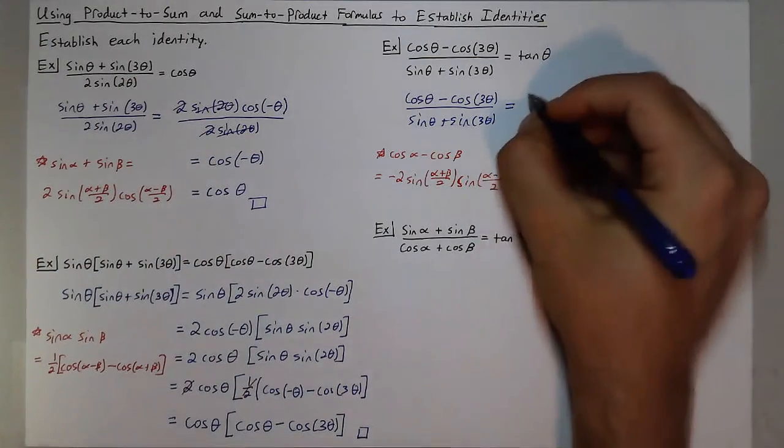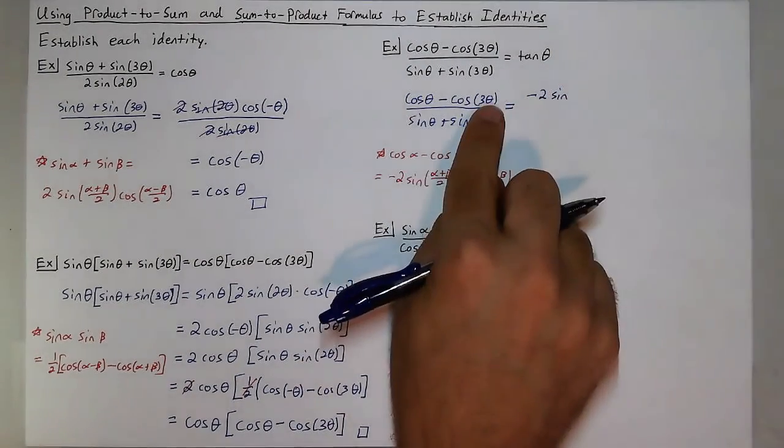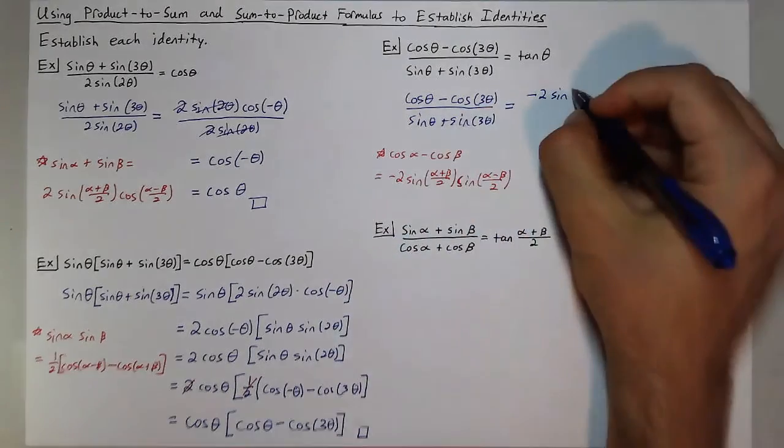But now rewriting this, I can get -2 sine of theta plus 3 theta, which is 4 theta, divided by 2, which is 2 theta.